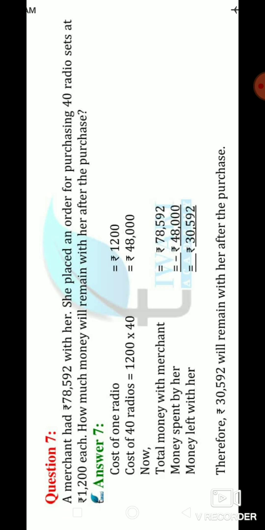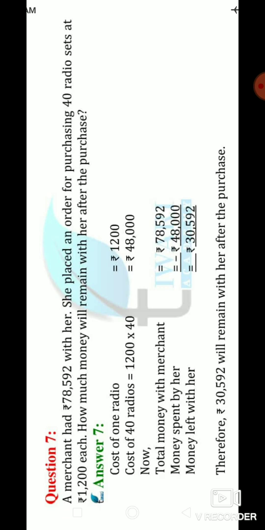Here in this problem it is given that a merchant had rupees 78,592 with her. She ordered 40 radio sets, each at a cost of rupees 1200.